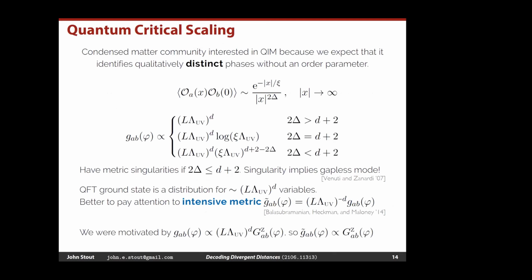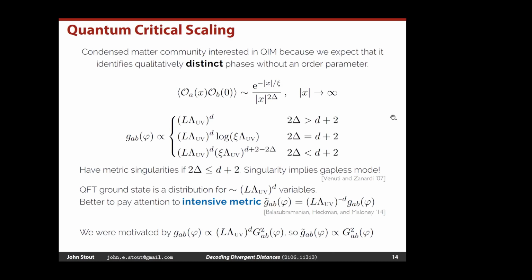Okay. So now that we have this definition of what the quantum information metric is, it'll be helpful to understand how it behaves in quantum field theories. And perhaps the simplest way of doing this is to study how it behaves around critical points, or assume that this correlator at large distances takes this form, where there's some exponential suppression whose length scale depends on the correlation length, and then some natural power law suppression with scaling dimension, and ask how does this metric behave when I assume this scaling.